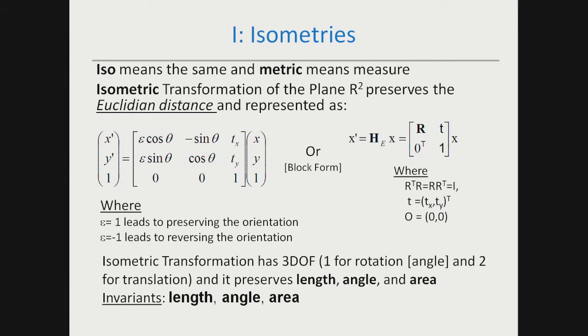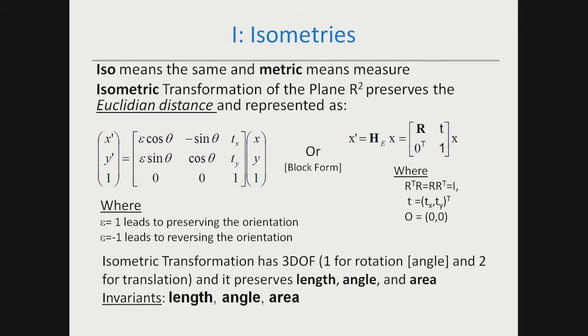The only difference between +1 and -1 is that +1 preserves the orientation, and epsilon taken as -1 will take the reverse orientation. That object could flip, but again it will be the same size and exactly the same angles.